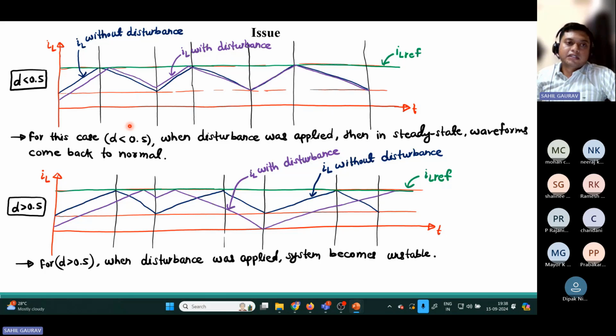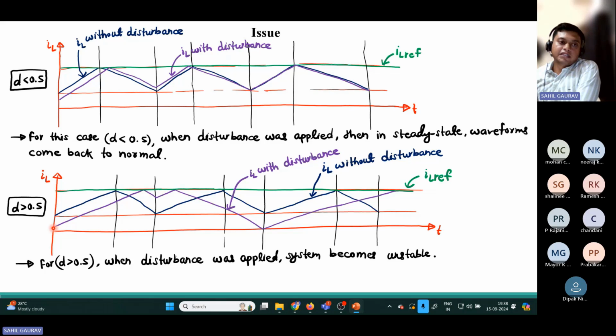While if this duty ratio is greater than 0.5, then this discharging period becomes less, and if this discharging period is less, then that is problematic for this converter to get stabilized. You can see from this diagram, this blue curve is the inductor current without disturbance, and this purple color is for the disturbances.